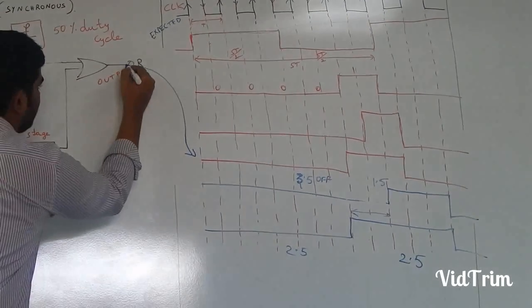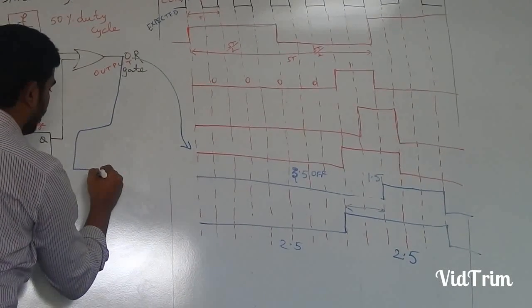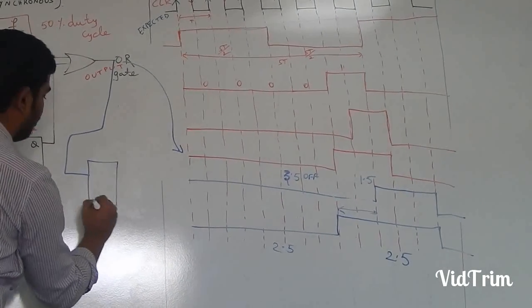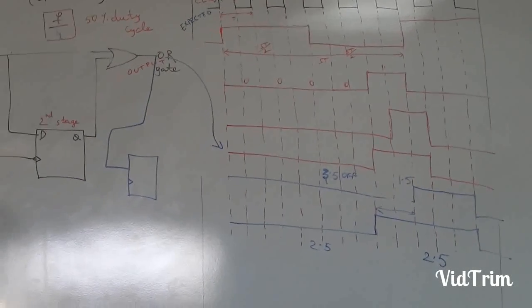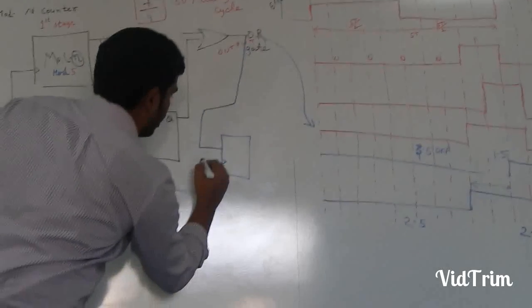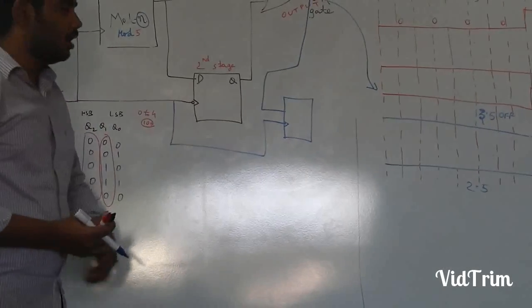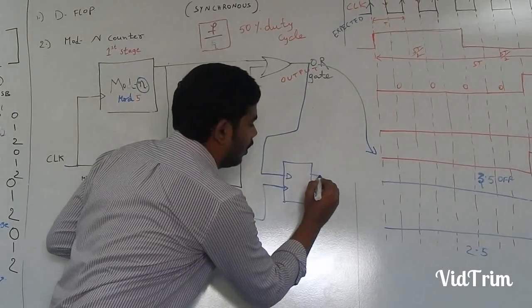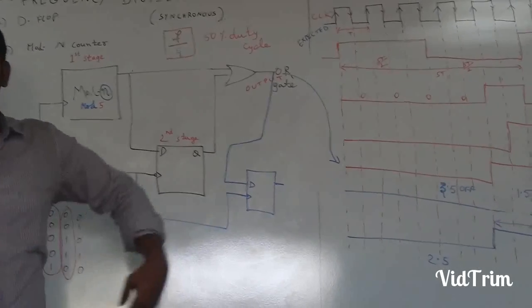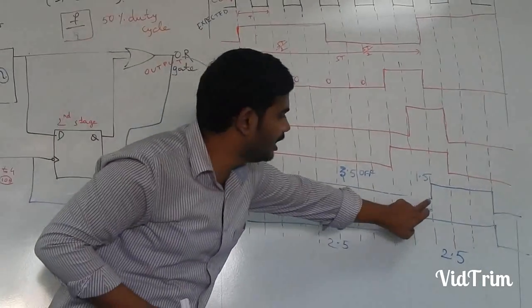So this output I would send into a D flop, but I would take the same clock, the same positive edge clock. So obviously, if I use one D flop, I'll get one full clock pulse delay. That's what I'm expecting here.